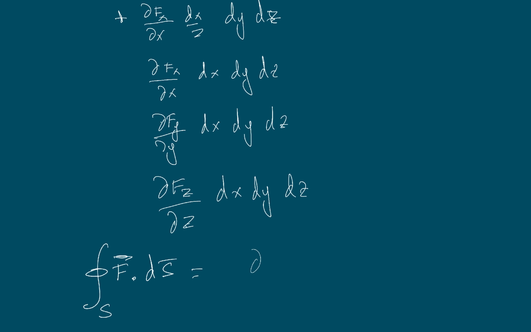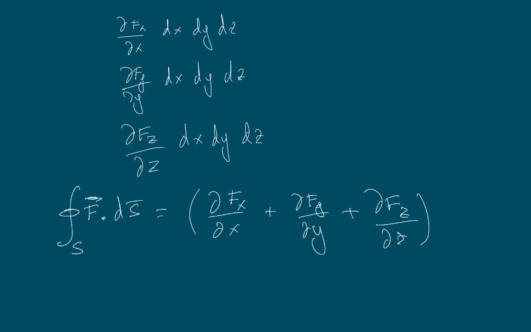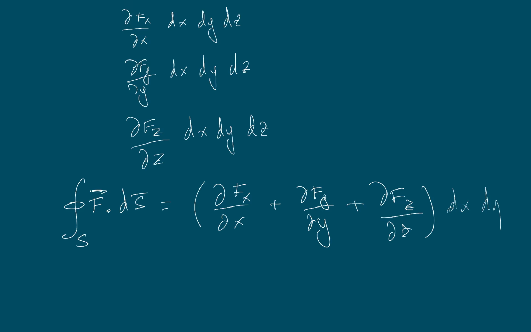So it would be the partial of f sub x with respect to x by dx, dy, dz, plus the partial of f sub y with respect to y by dx, dy, dz, plus the partial of f sub z with respect to z by dx, dy, dz.